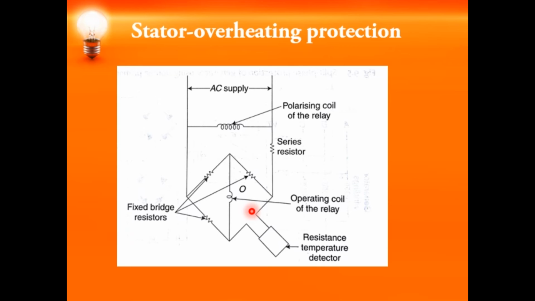In case there is a failure of the cooling system, this type of relay is not going to operate. We can even measure the rotor temperature, but rotor temperature monitoring is somewhat difficult compared to that of the stator temperature monitoring.